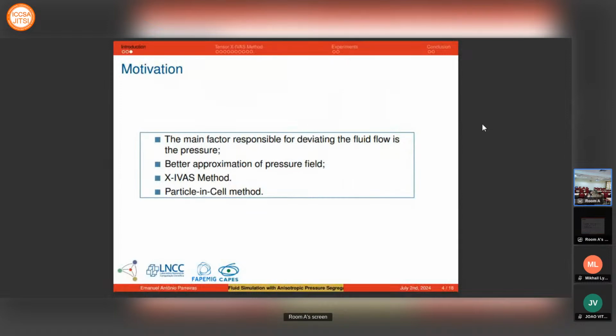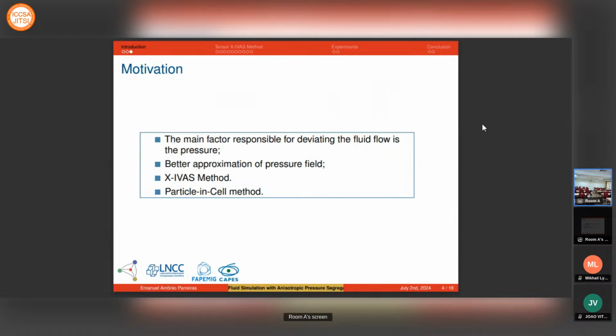One motivation of this work is that the big factor responsible for deviating the fluid flow is the pressure, and the method we were using does not have accuracy for the pressure field, giving us a worse approximation of the pressure.